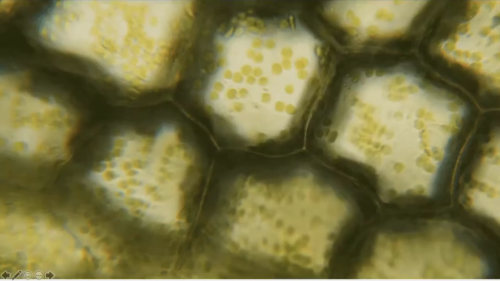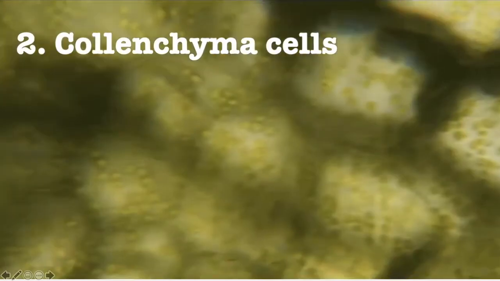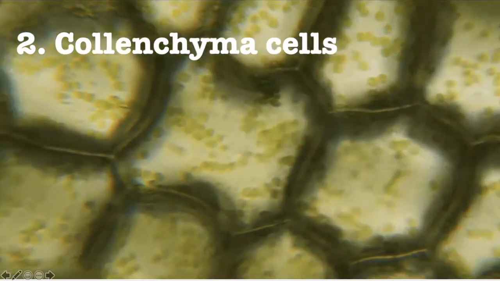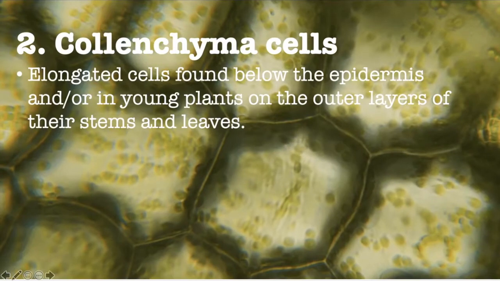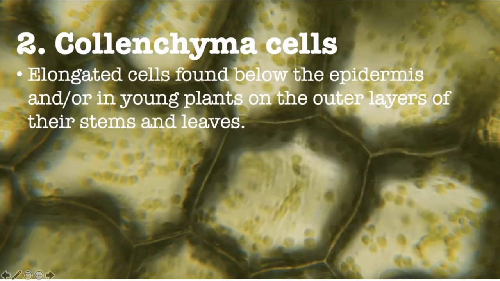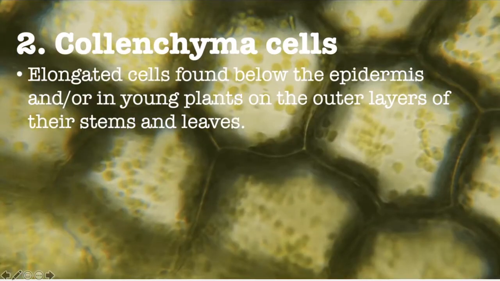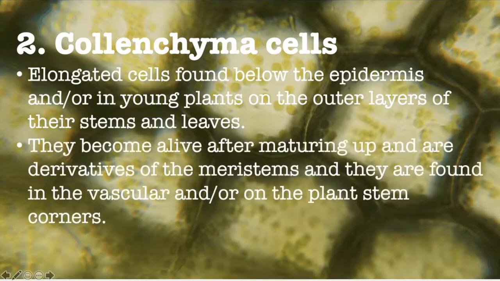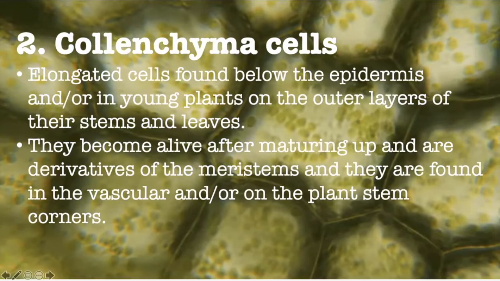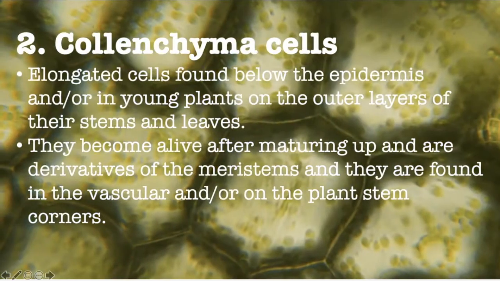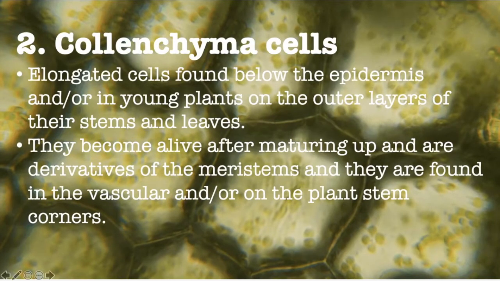The second type of plant cell, we have collenchyma cells. They are elongated cells found below the epidermis and in young plants on the outer layer of their stems and leaves. They become alive after maturing and are derivatives of the meristems, and they are found in the vascular region of the plant stem corners.